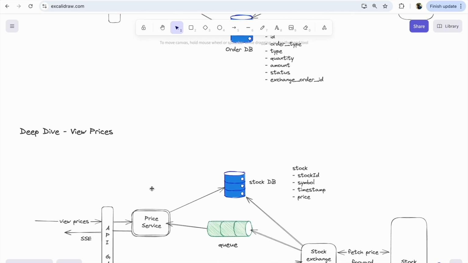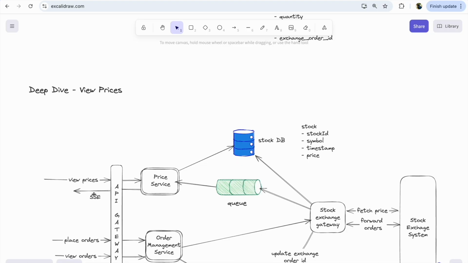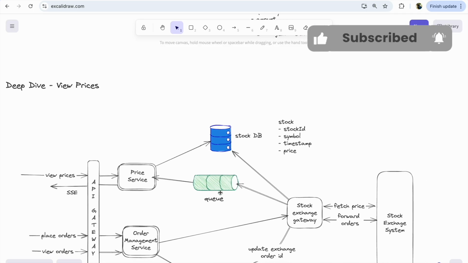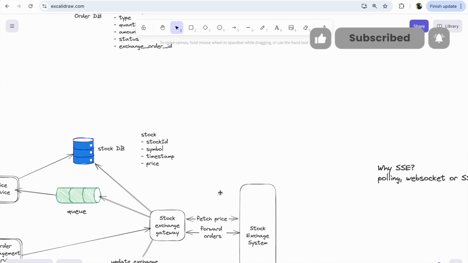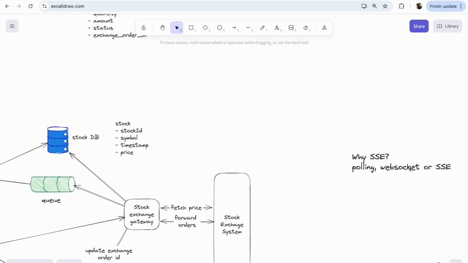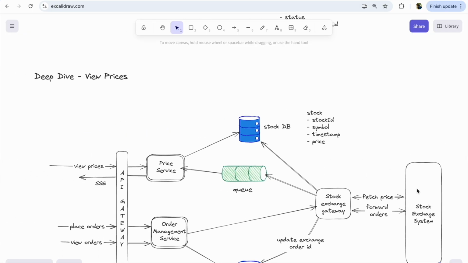So that's the first thing. For that, we are using SSE, or server-sent events, here. Now we can discuss why we need SSE. Why not polling, WebSocket, or the several other options? Polling, WebSocket, or server-sent events.